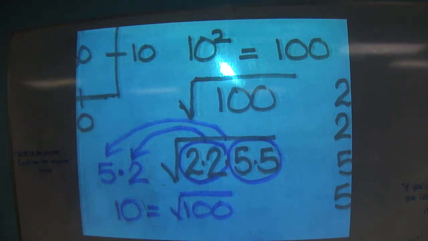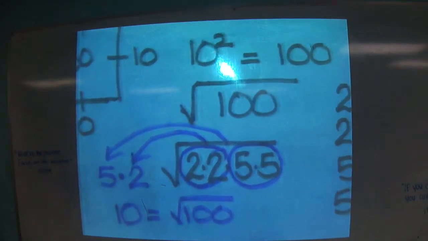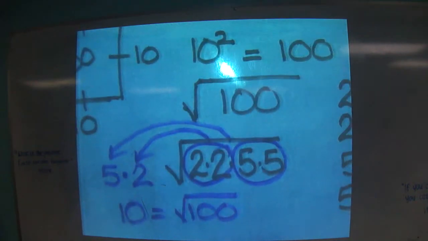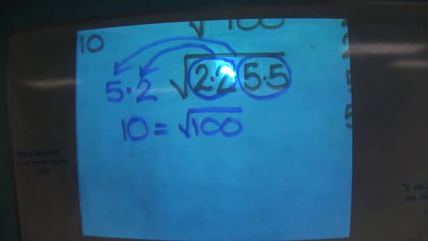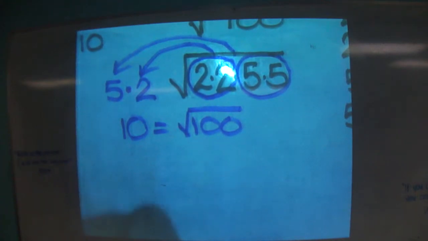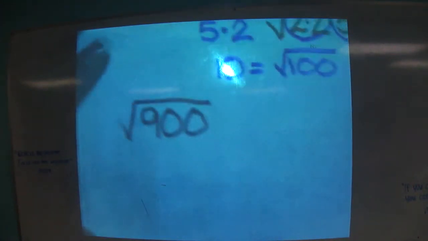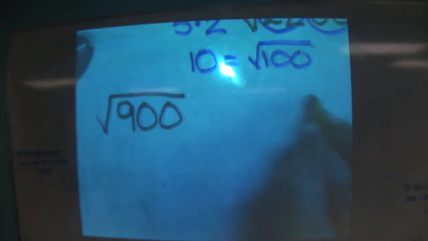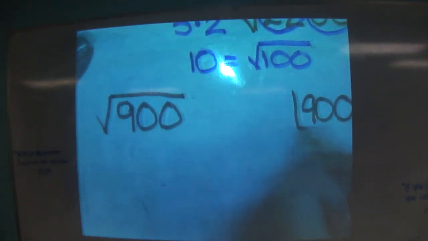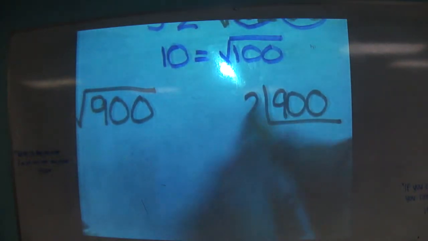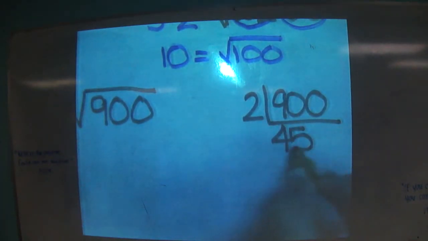Now, let's go down here. Let's look at the square root of 900. It's not going to be as hard as it sounds. So the square root of 900, let's factor 900. Is it even? Yes. 2 goes in 450 times.